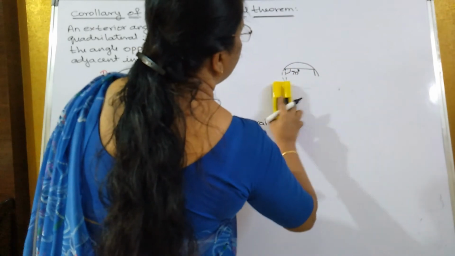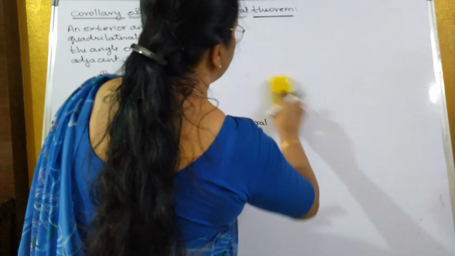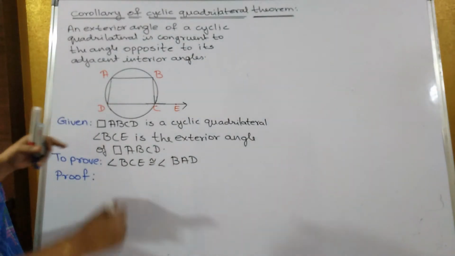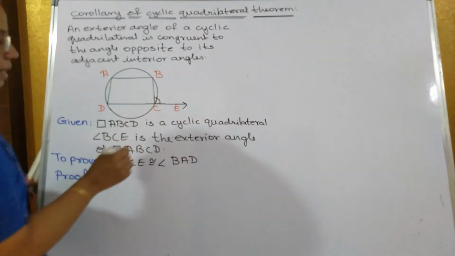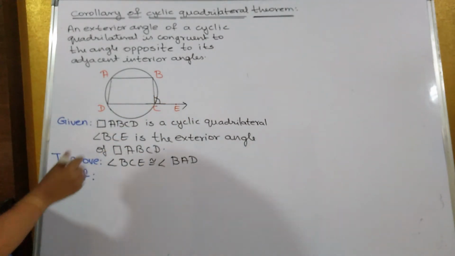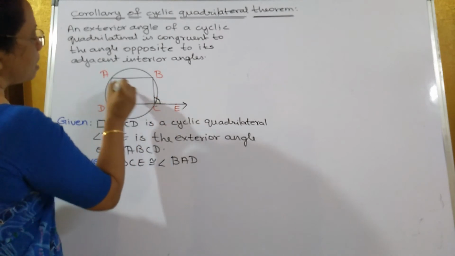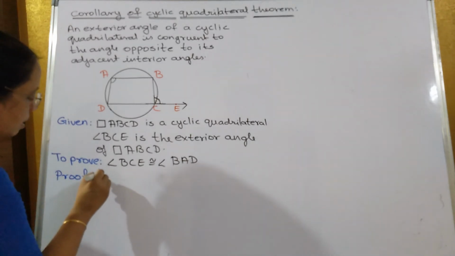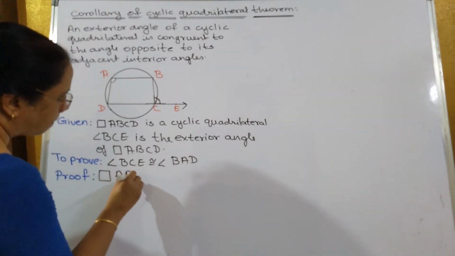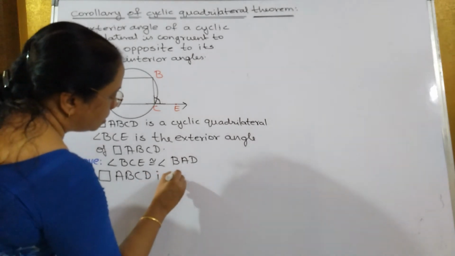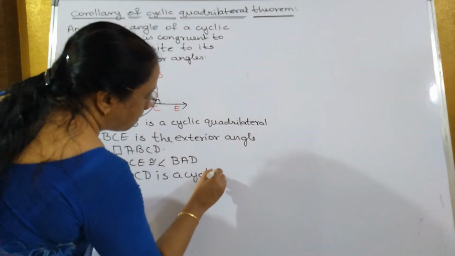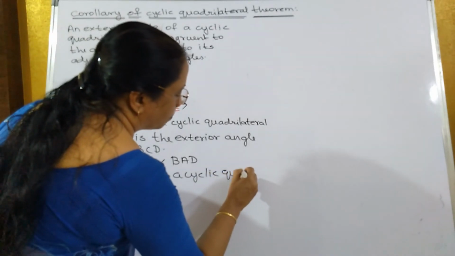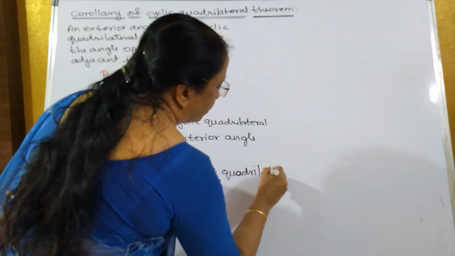Now in this given, it is already given that quadrilateral ABCD is a cyclic quadrilateral and angle BCE is the exterior angle of quadrilateral ABCD, and we have to prove that angle BCE is equal to angle BAD. Now prove quadrilateral ABCD is a cyclic quadrilateral, that is already given.